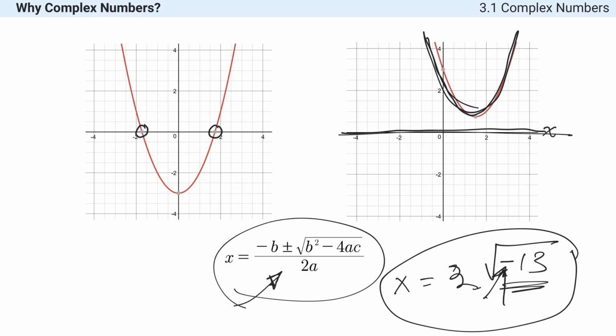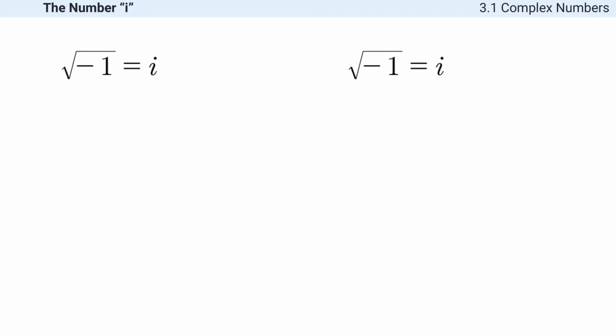So the first couple of things to know about complex numbers: whenever you find the square root of -1, you can make that equal to i. Typically we don't want to see the square root of -1. We'll always want to convert that to an i.